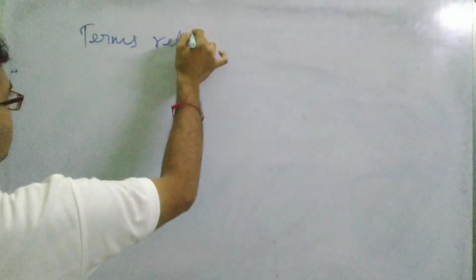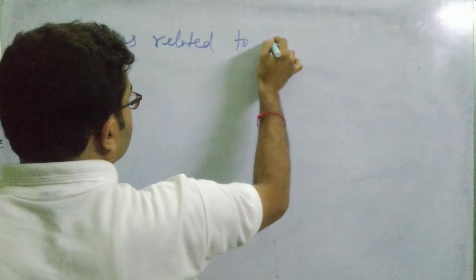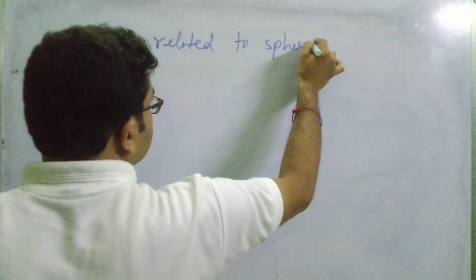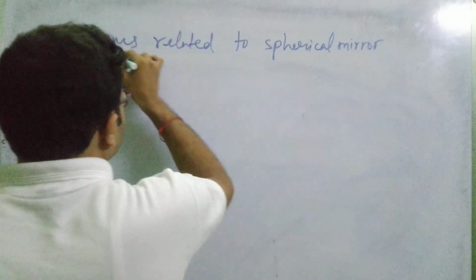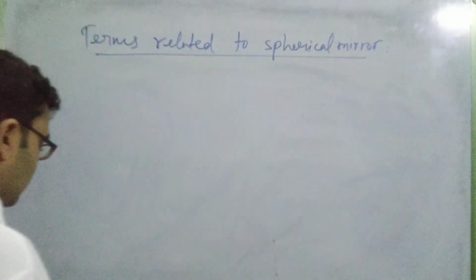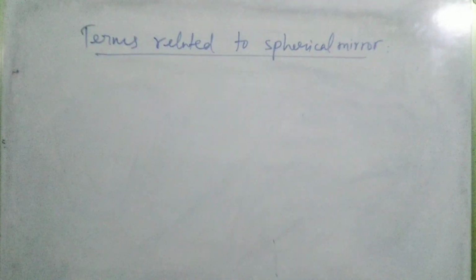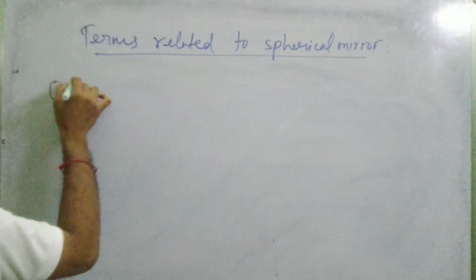Terms related to spherical mirror. Okay, so what are the terms? First term that comes is the radius of curvature. So what is radius of curvature?